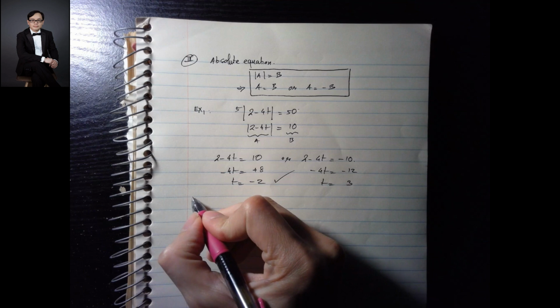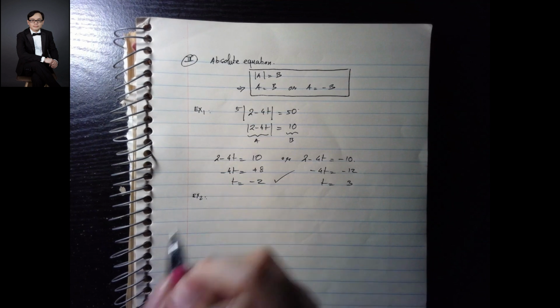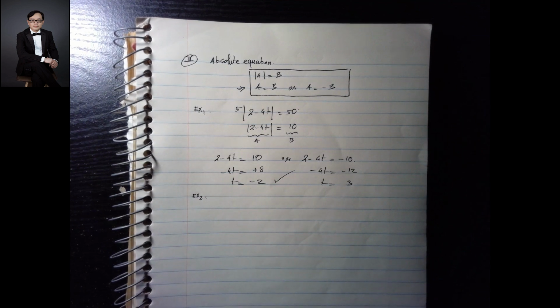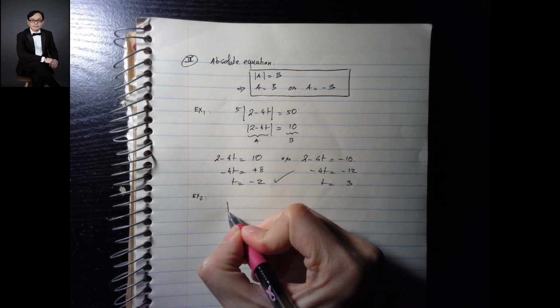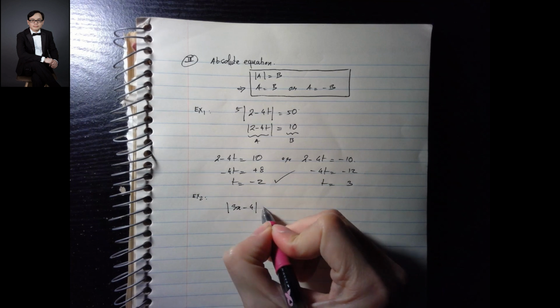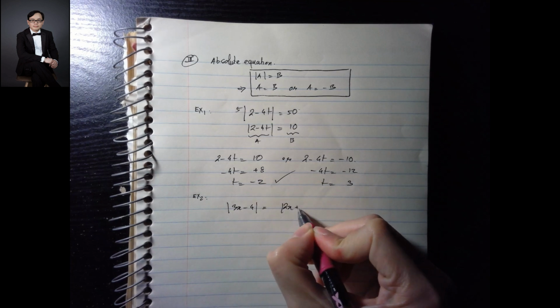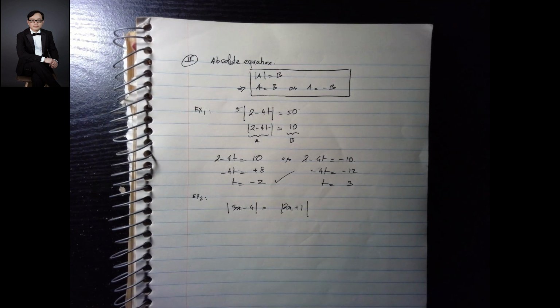However, if you have an absolute equation that contains two pairs of absolute bars, what I mean is something like this: absolute of 3x minus 4 equal to absolute of 2x plus 1.